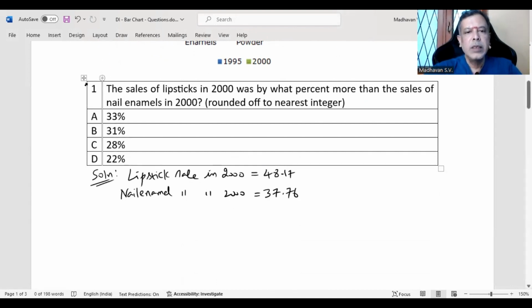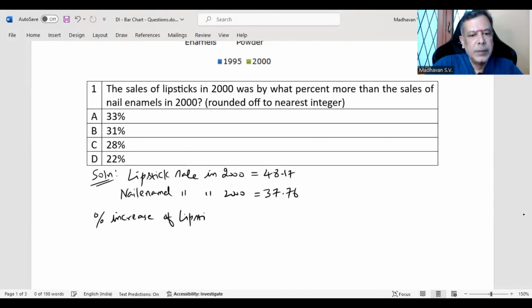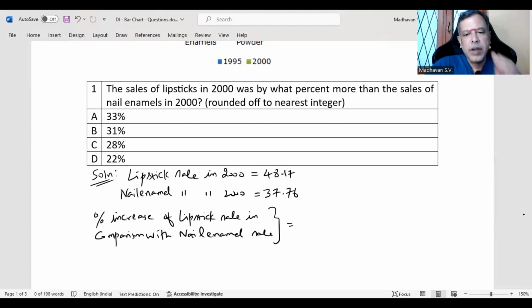So we are going to compare how much this lipstick sale was more than the nail enamel sale, which means you are going to compare that with the nail enamel, which means the percentage increase of lipstick sale in comparison with nail enamel sale will be 48.17 minus 37.76 divided by nail enamel sale, which is 37.76.